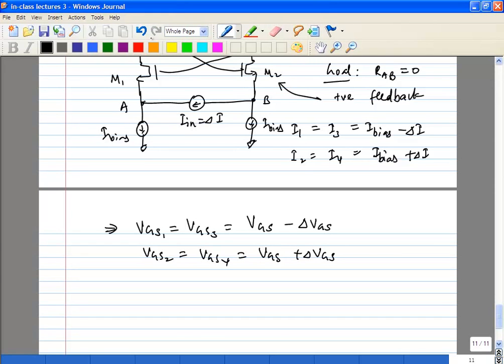And we are also going to assume that all 4 transistors are matched, of course.